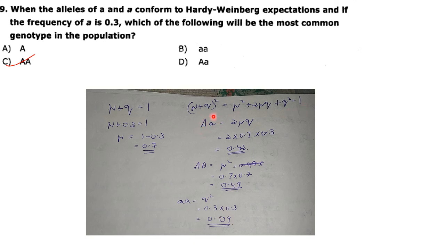So for the heterozygous individual, that is Aa, 2pq is 2 into 0.7 into 0.3, that is 0.42. Now for p square, that is homozygous individual, p square is 0.7 into 0.7, that is 0.49, and small a small a, that is q square, is 0.3 into 0.3, that is 0.09. So which is having maximum? That is capital A, capital A. So answer will be option C.